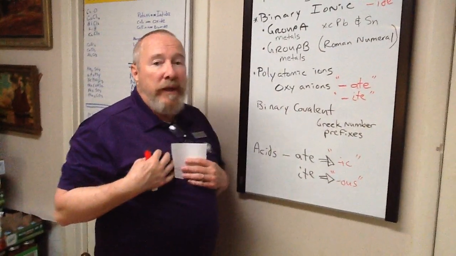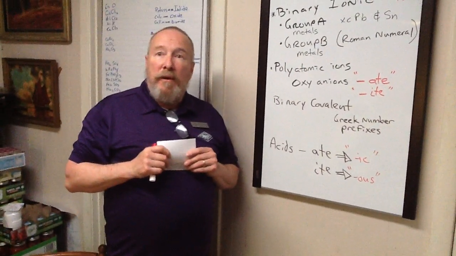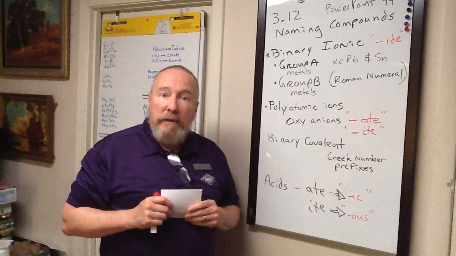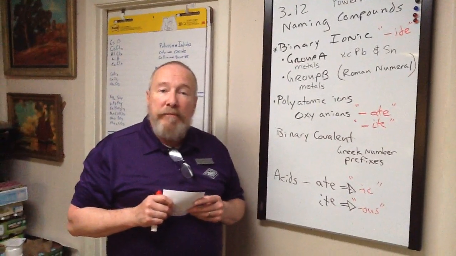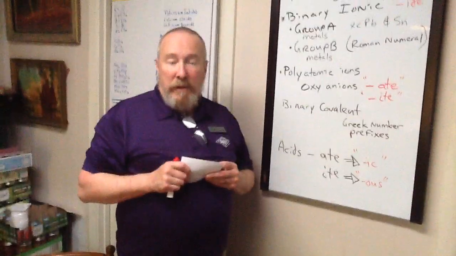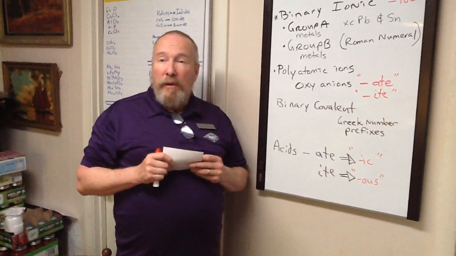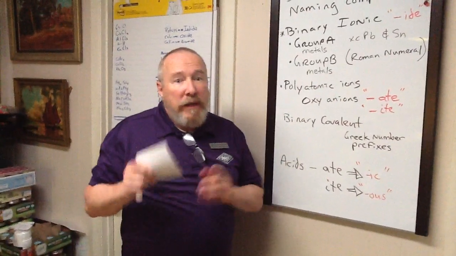In the old days, we would say, instead of iron 2 and iron 3, we would call them ferric and ferrous ions. The ferric was +3, the ferrous was +2, but you can't always do that.